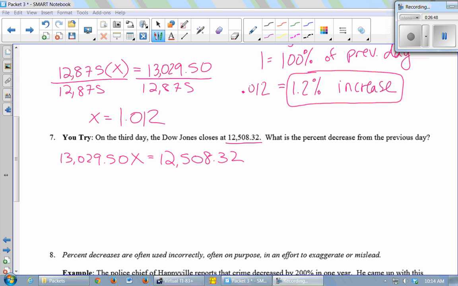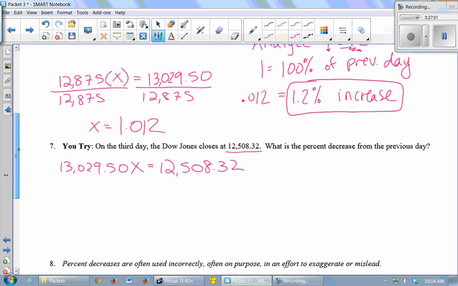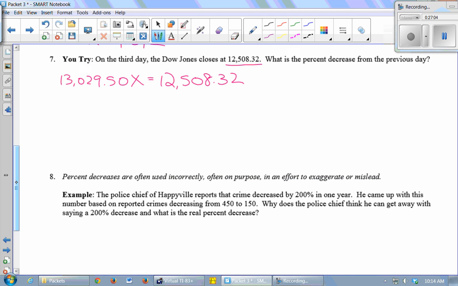You might have learned this a different way, and it's totally okay to stick with what you know. I'm just trying to review a little bit so that everybody has a common starting place. If you want to set this up the way I did in the previous one, you take your starting amount and say, what do I multiply this starting amount by? That's what the x is. What do I multiply that by to make 12,508.32?